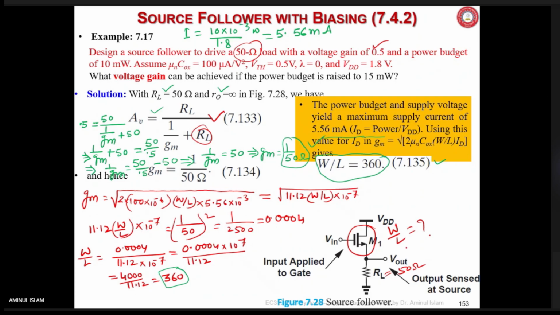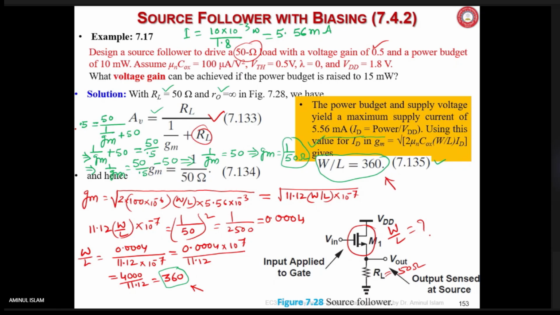Other parameters like RL and other element values are given. So W by L can be obtained as 360. It is given here by the author. Is it understood here, or should I explain? So how did we get the W by L value?